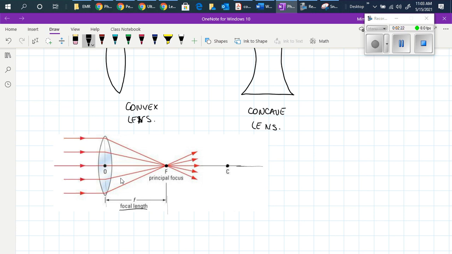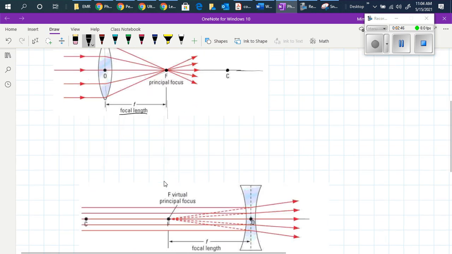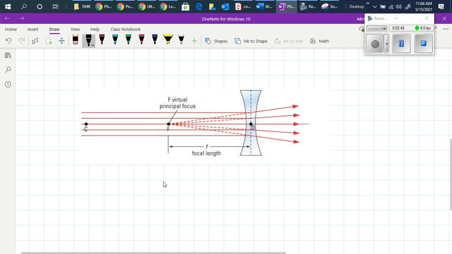As you see here, all of the refracted rays in the convex lens are converging. This is why very often those are called convergent lenses, versus when we have a concave lens.